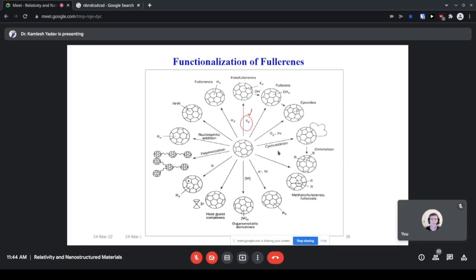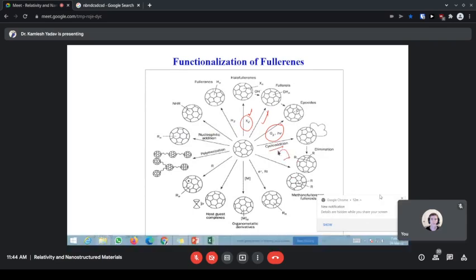For example, you can add halogens, you can oxidize this in the presence of light, or you can add some cyclic compound, or you can do some elimination reaction, or even you can add some alkyl group, or an organometallic compound, even you can make some complex compounds, and so on.